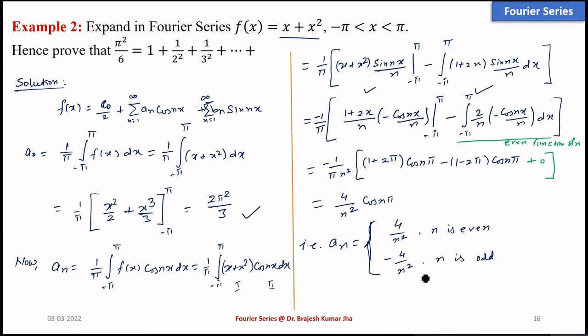So we can, okay, even and odd we can take together. So for n is odd, minus 4 by n square.